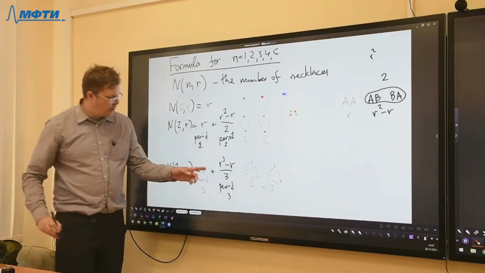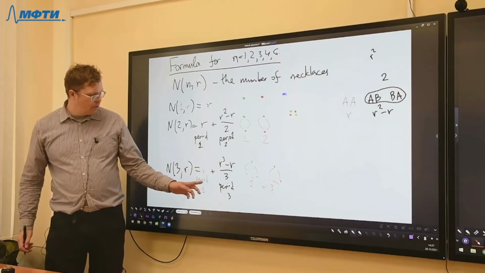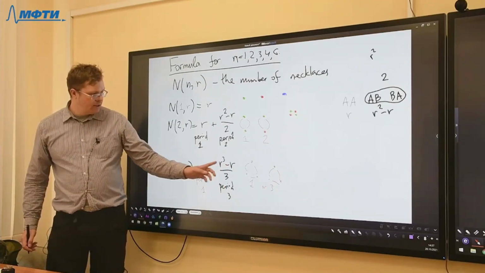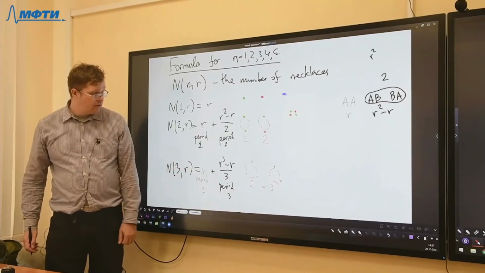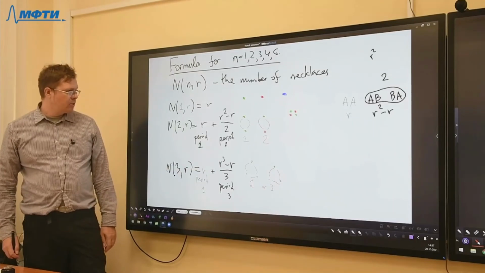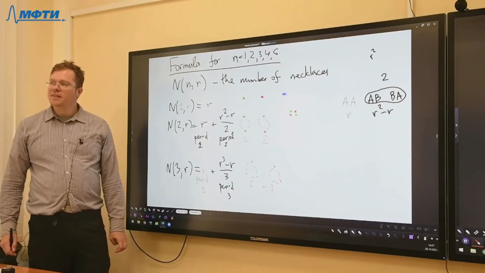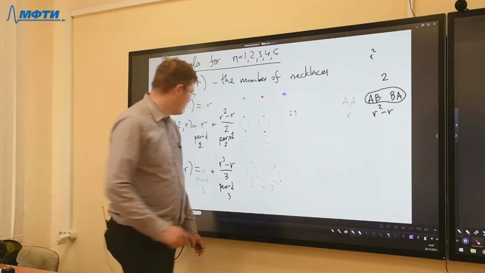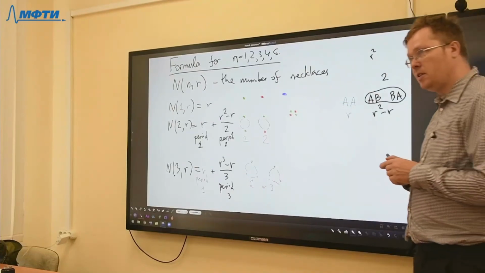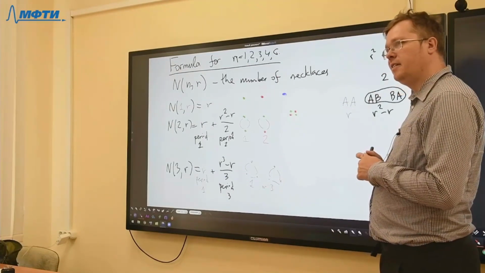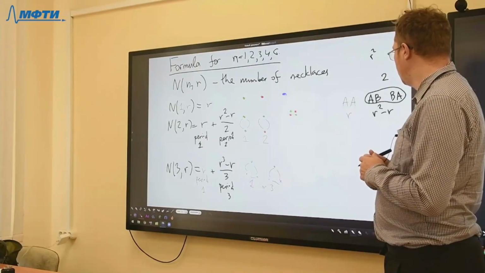Because we have R cubed total words, we subtract all the words of period 1, and from 3 such words we have only 1 necklace, only 1 circular word. So the total number of words consisting of 3 letters is R cubed.